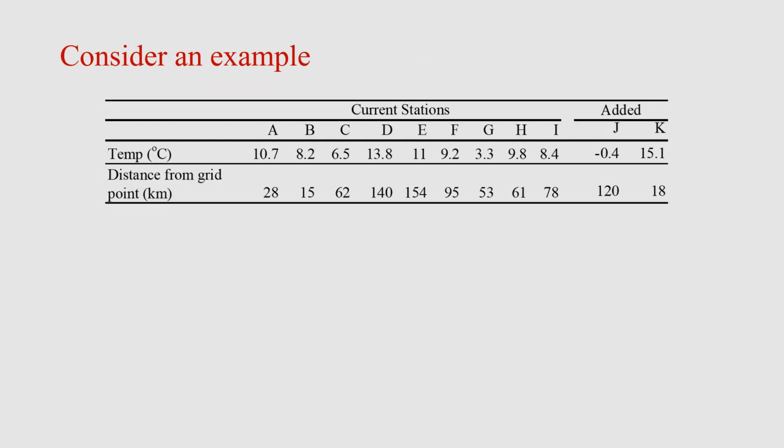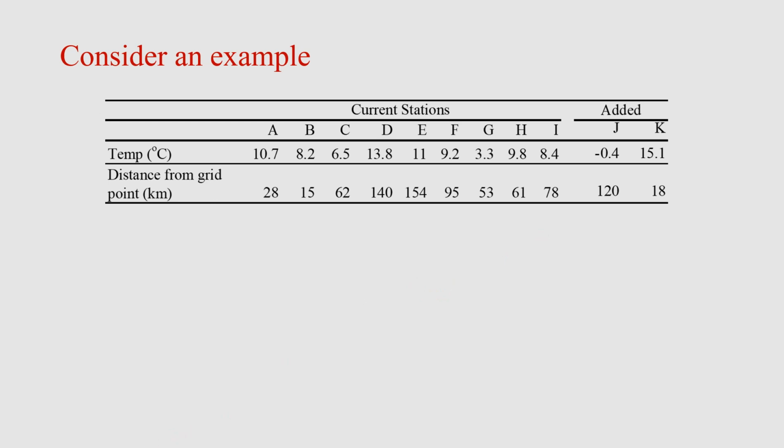Consider an example where we have 9 weather stations from A to I, and then we add 2 others. So the temperature at the various stations are given by the numbers in this first row. So these are the temperatures at any given time or some average. And this is the distance from, say, the farm or some other point to those weather stations.